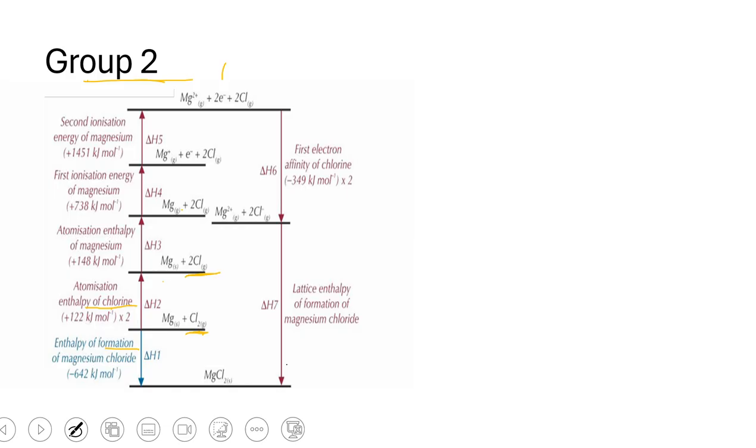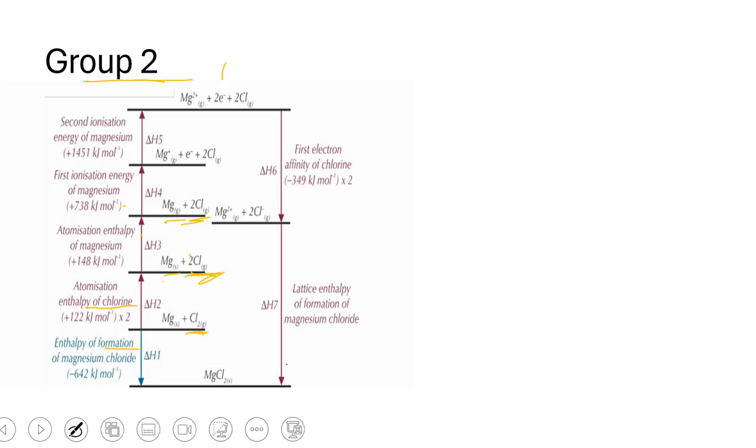And from here to there, magnesium is the one going from its standard state to the gaseous state. So this arrow is the atomization enthalpy of magnesium.